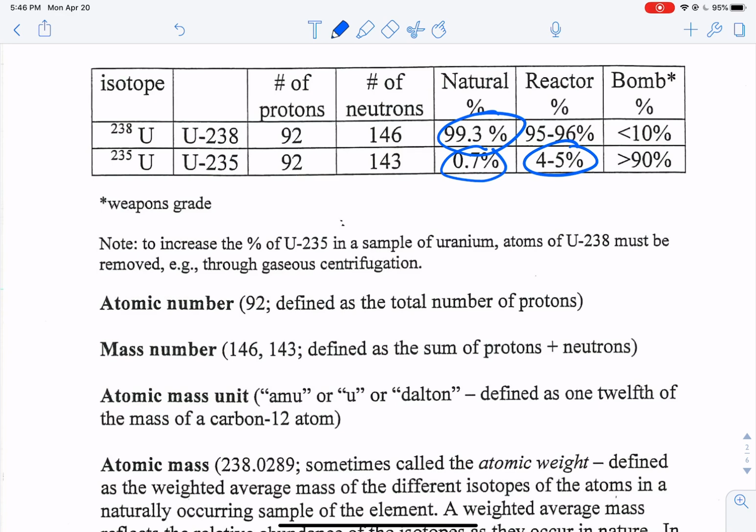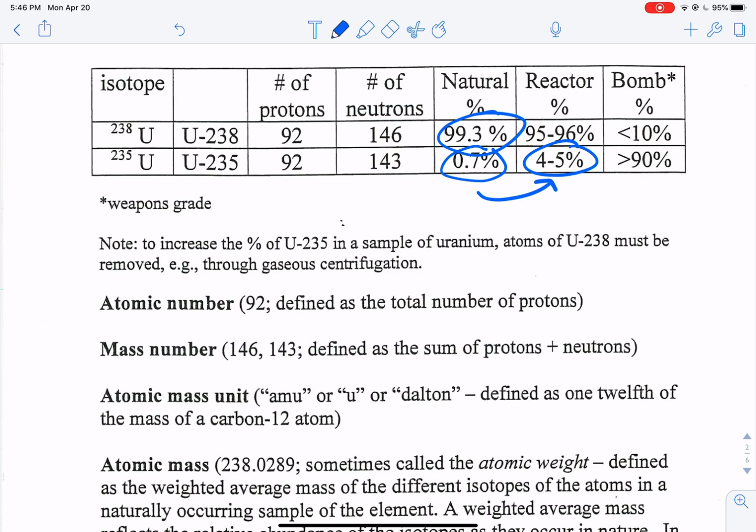So in a nuclear reactor, somehow we got to go from 0.7% and enhance it up to 4 to 5% uranium-235. And the way you do that is by figuring out a way to get rid of some of your uranium-238. For example, we have a certain percentage of girls in our classroom.